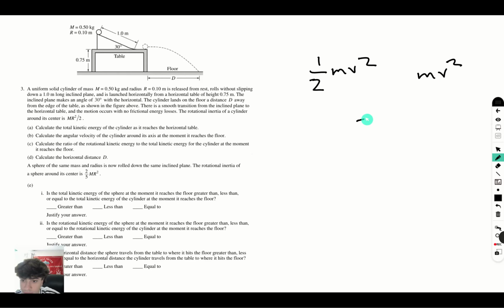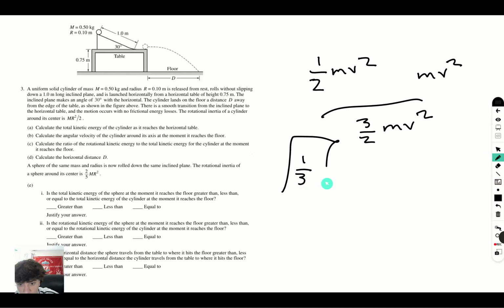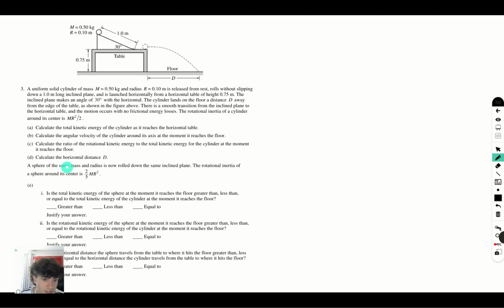So our total will be 3/2 mv squared. And when we divide this by this, we'll get that our rotational kinetic energy is 1/3 of the total kinetic energy. Let's move on to part D, which is asking us to calculate the horizontal distance D.